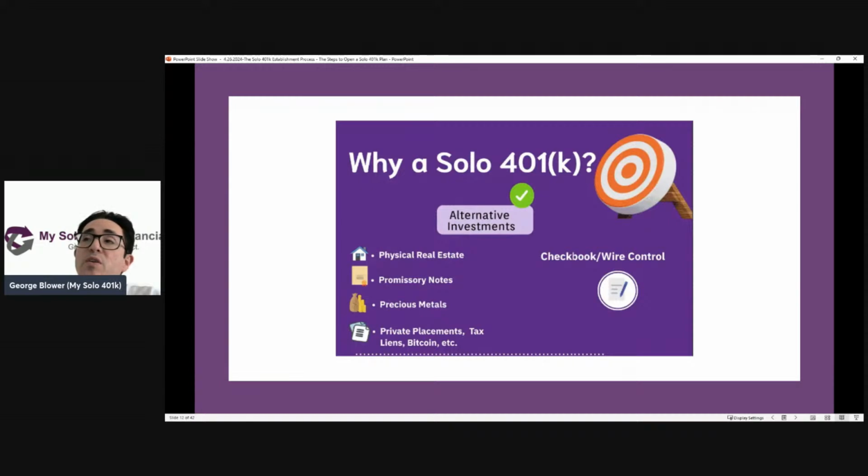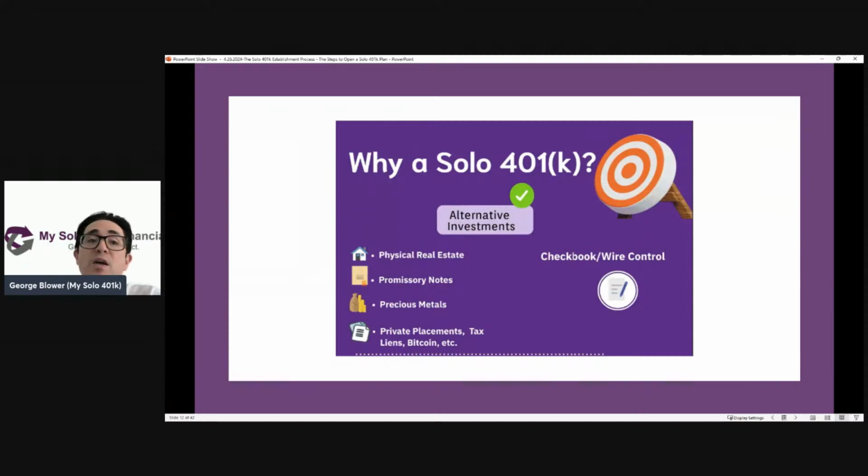So let's dig deeper on some of these top reasons why someone would open up a solo 401k. Alternative investments, right? So our plan is not going to be just limited to brokerage type investments. Of course, you can make those types of investments, such as mutual funds, stocks, bonds, right? We help clients open up accounts at the bank or brokerage of choice, Fidelity and Schwab are top options.